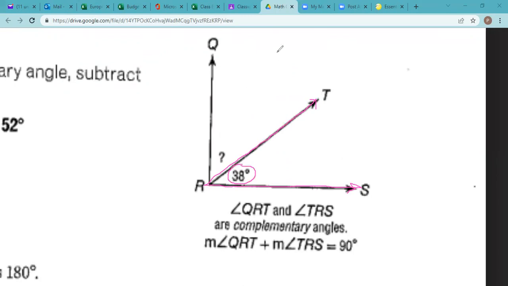But here's the thing: I do not know what angle QRT is. I need to know what QRT is for its angle. So we're going to start with 90 degrees because complementary angles are always 90 degrees. We know that angle TRS is 38 degrees. So what we need to do is just subtract 90 minus 38.